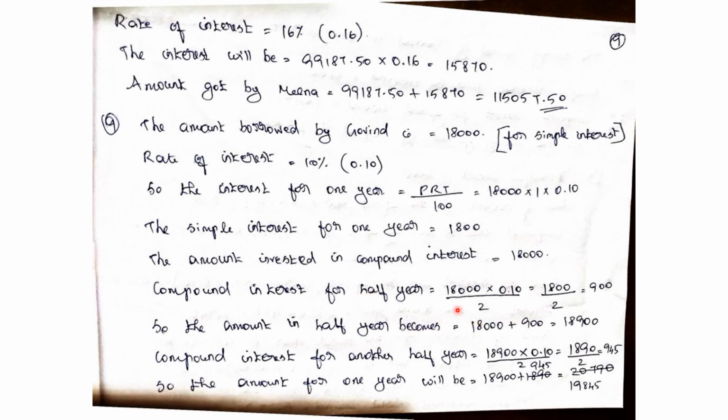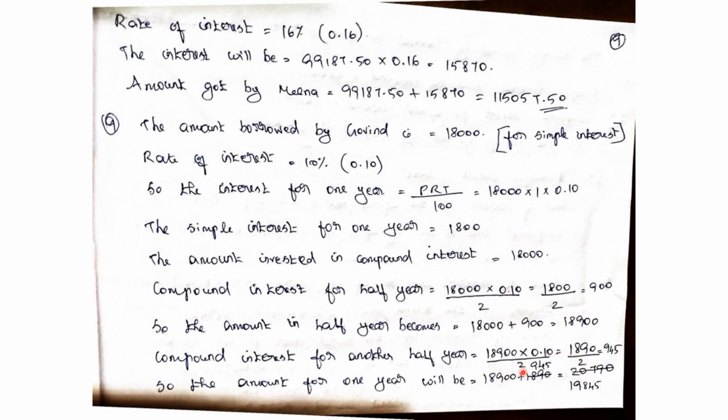So that's why we should divide it by 2. So 1,800 by 2 is equal to 900. Okay, the principal amount 18,000 becomes 18,900 in 6 months. So this amount will be taken into consideration and we should do the calculation with this one for another half year.